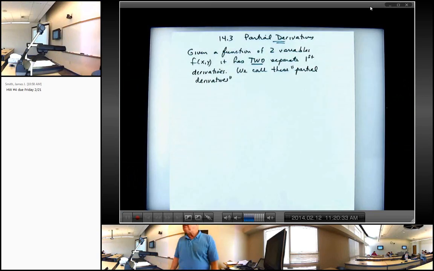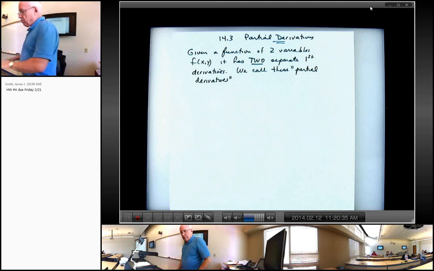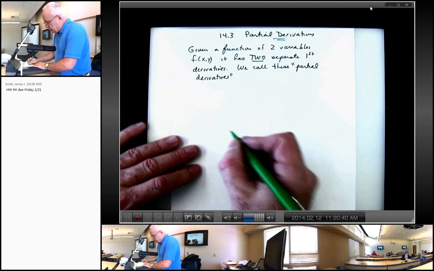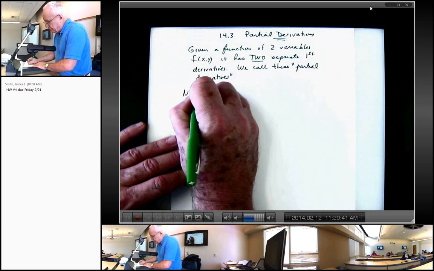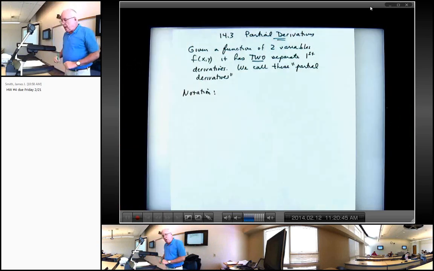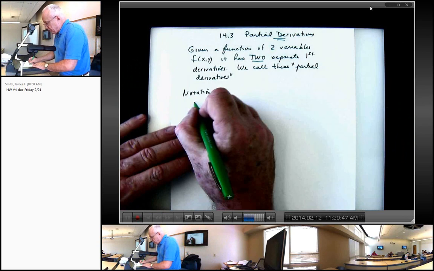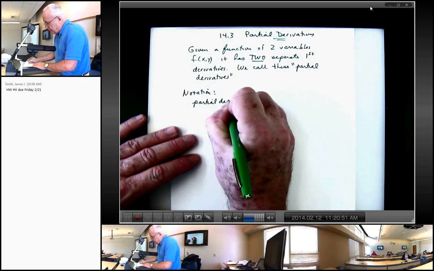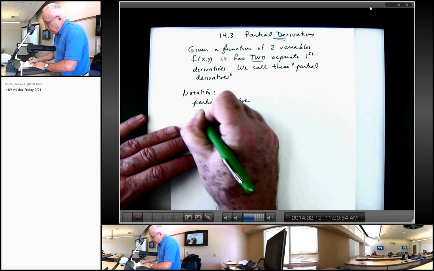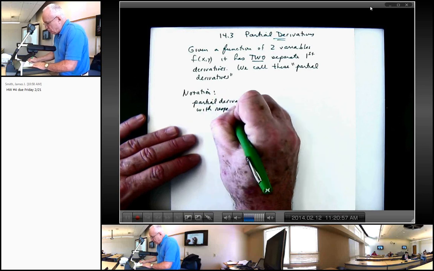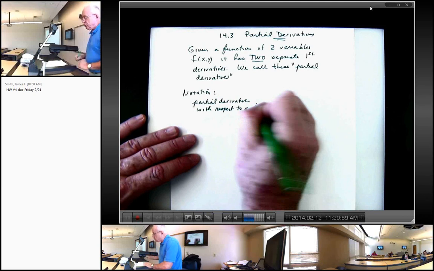Okay. Let's just show you some notation first. Okay. We have, first of all, the partial derivative with respect to x. Now this partial derivative with respect to x, that's one of the two.